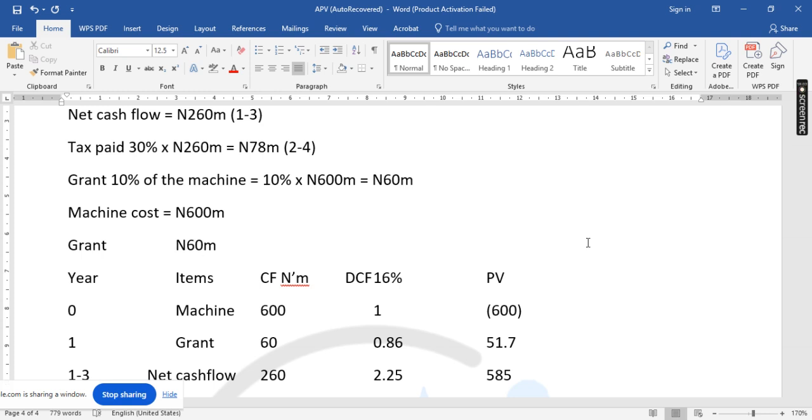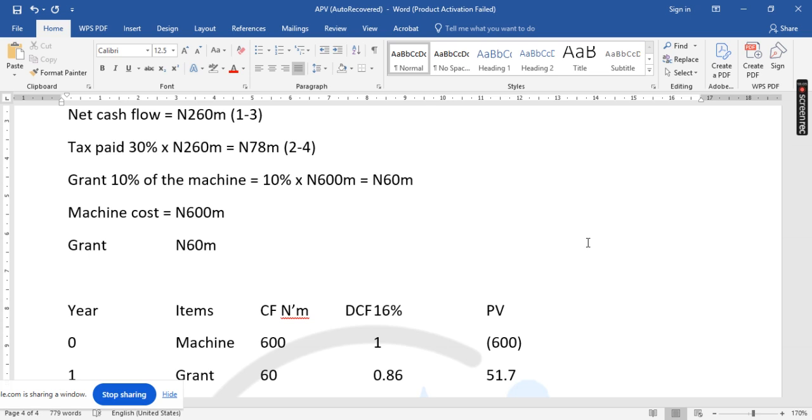The grant is 60 million. So the net cost, that they say you should charge depreciation on, is the net cost of the machine.